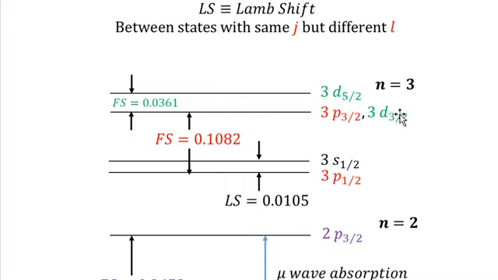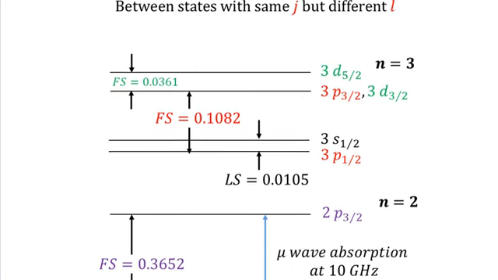So I have shown these two levels at the same energy level, but in principle, p3/2 is slightly greater in energy than the d3/2 level. So you see that I have shown these levels for the hydrogen atom for the n equals 2 level and n equals 3 level, including both fine structure and Lamb shift.